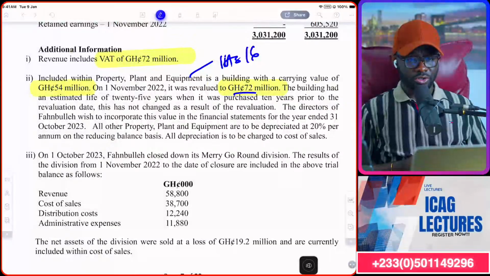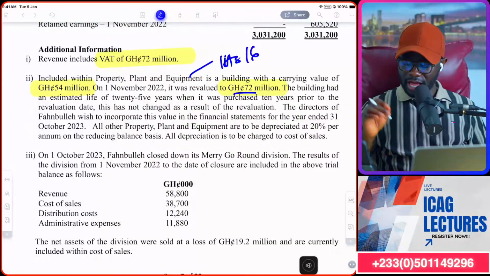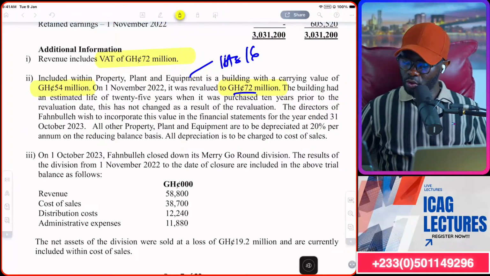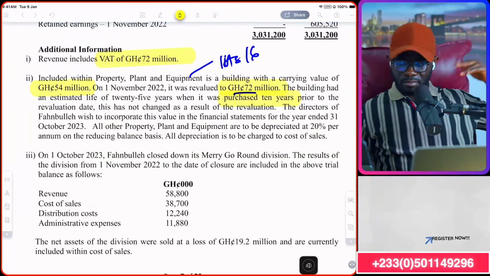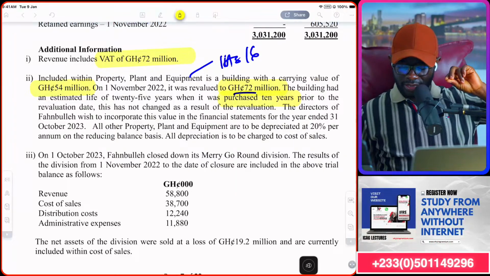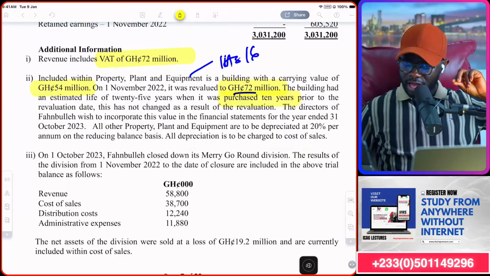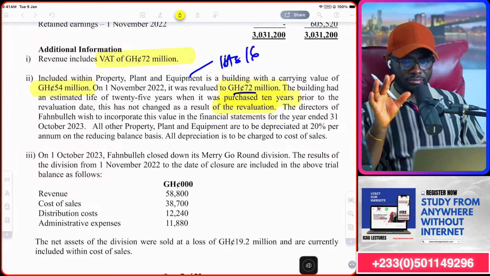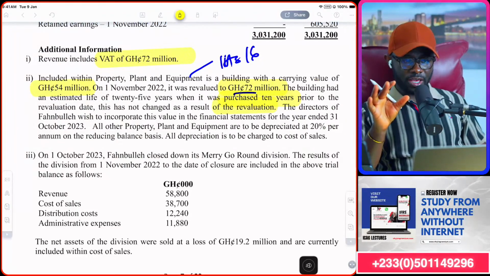Then let's continue to read. The building had an estimated life of 25 years when it was purchased 10 years prior to the revaluation date. This has not changed as a result of the revaluation. Stay with me carefully here.